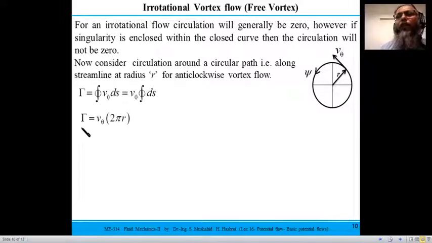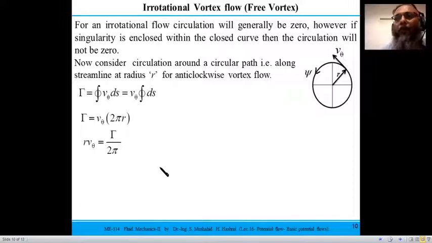So your circulation in that case would be v theta times 2 pi r, and we have seen here that the circulation is not zero when your closed contour contains this singular point. So the singular point is this.